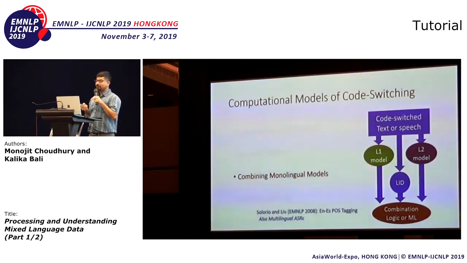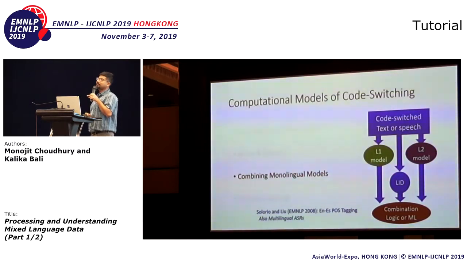After she got these three outputs, L1, L2, and LID, she collected a little bit of code mixed data and used that as reference to train a machine learning model, which learned a combination logic. It learned essentially when to use L1's output and when to use L2's output, given the LID, the word, and the sequence. And that actually improved the performance a lot.